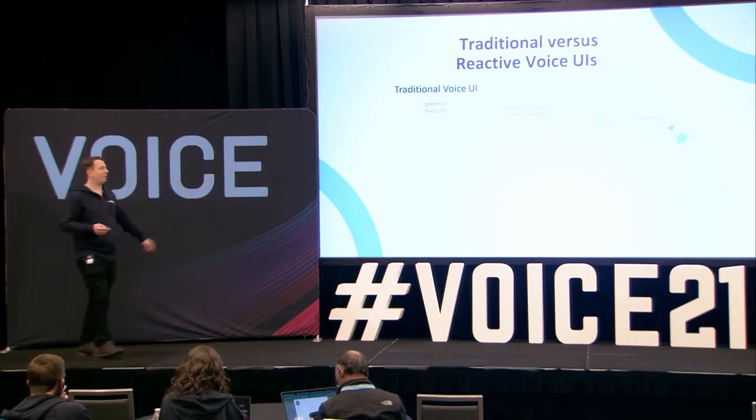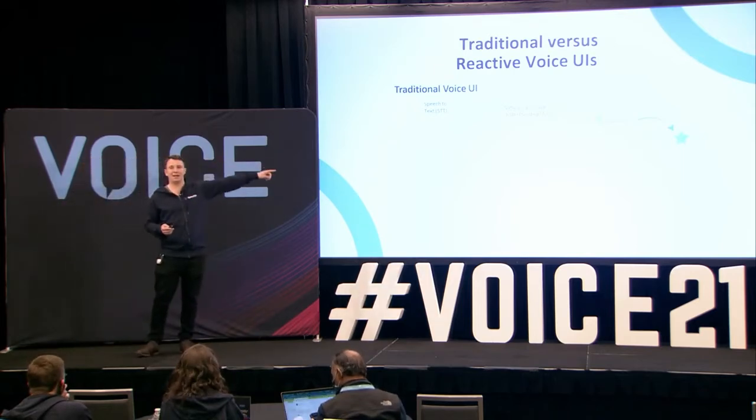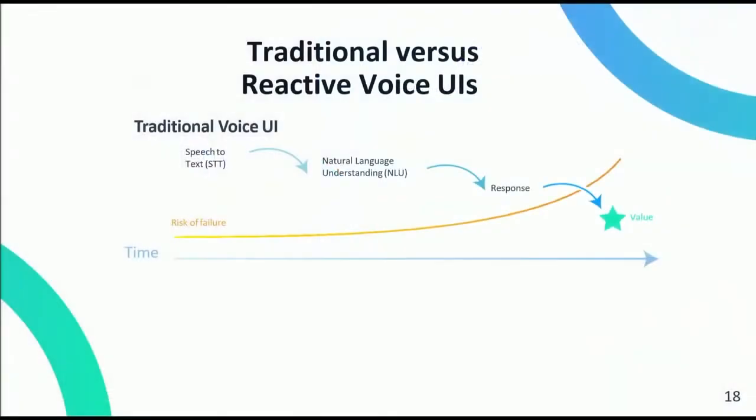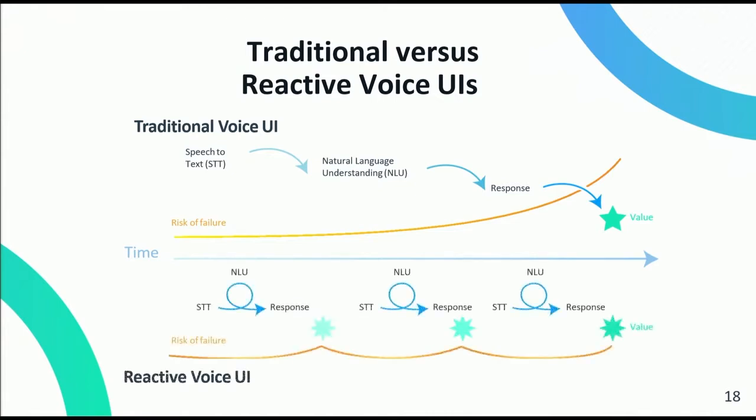That means that all the errors along the way are silently accumulated and only surface at the very end. And when they do, it's already impossible, or extremely hard and late, to recover from these errors. Now, with reactive voice UIs and spoken language understanding, the user's speech is interpreted in real time.